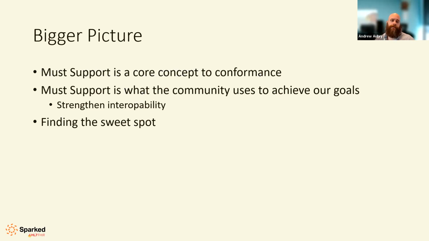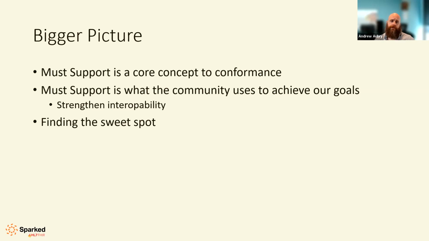So going back to the bigger picture, must support is a core concept that is driving conformance and how different actors conform to the implementation guide. It's what our community in HL7 Australia uses to achieve our goal of strengthening interoperability for patients here.